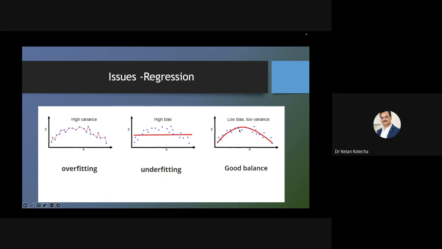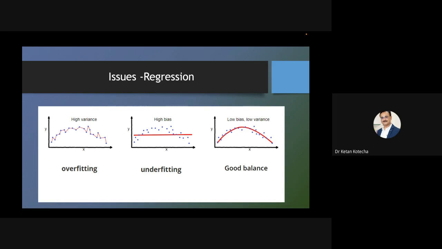So you need to have a good balance between both, and you need to have a better curve, which means low bias and low variance. In general, I'll not go to the bookish definition: your bias is a training error. It's not exactly, but it is equivalent to training error, and variance is equivalent to your testing error.